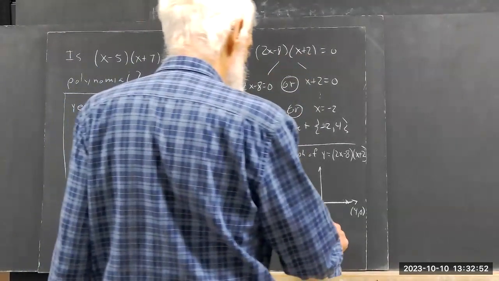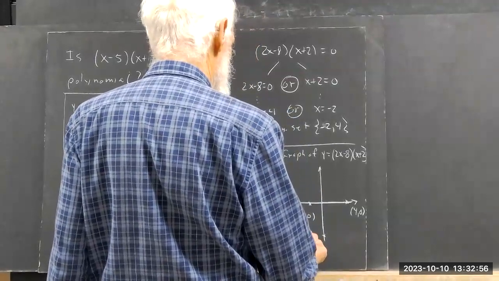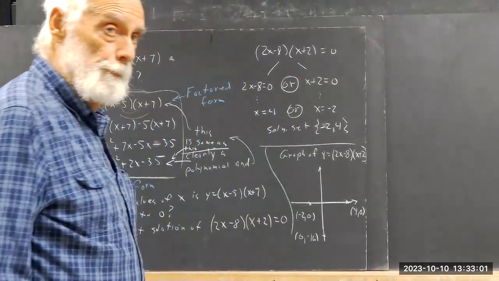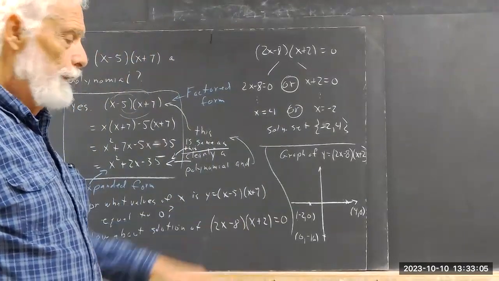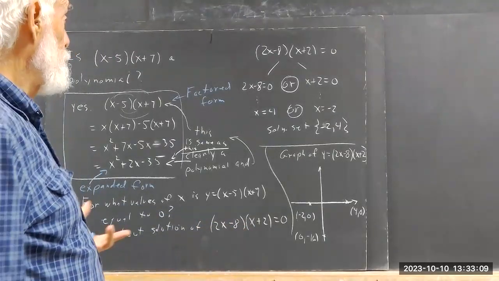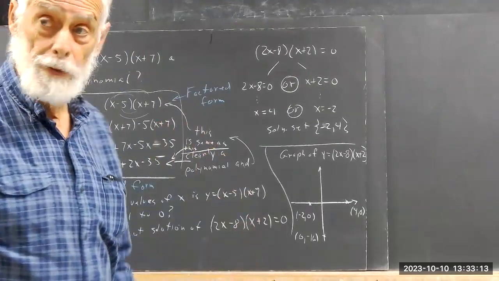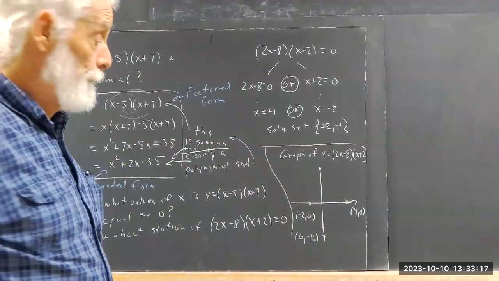So we have the point 0, -16. We know that when we multiply this out, we're going to get a quadratic. I mean, we're going to get what? 2x squared minus 4x minus 16. y equals 2x squared minus 4x minus 16.